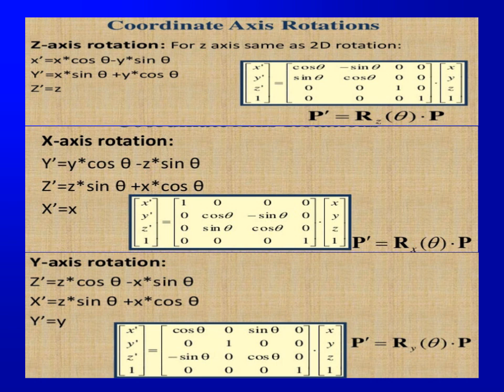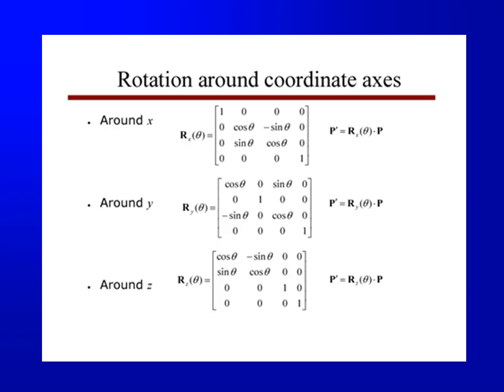If you multiply the rotation matrix and the vector matrix, then you easily get the equation for any axis rotation. Here the summary is also given for the x-axis, y-axis and z-axis. So you remember only this one.